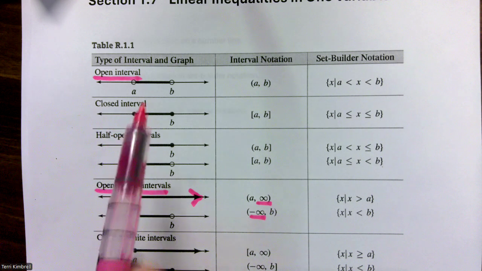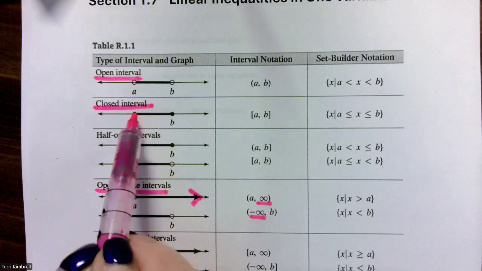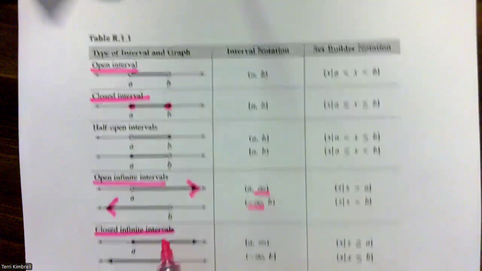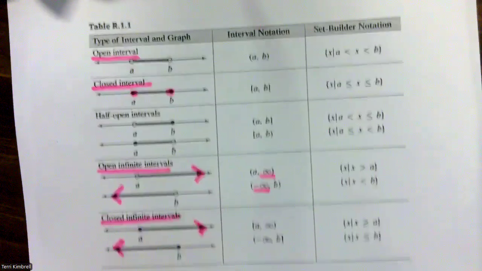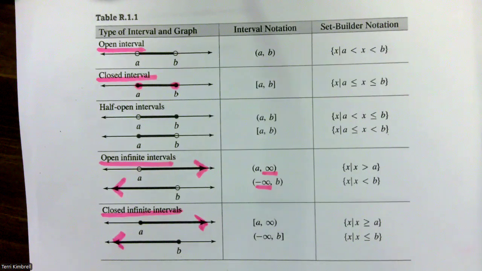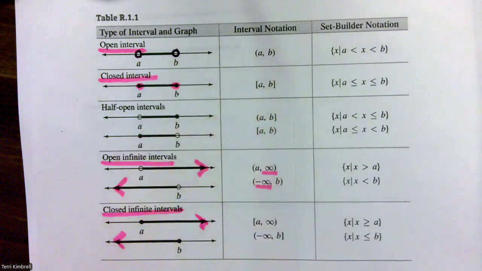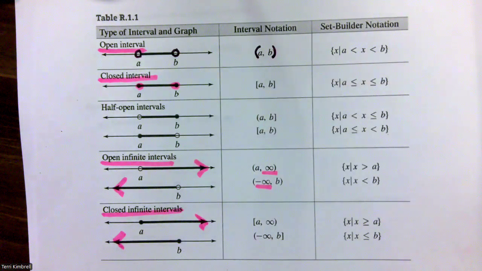So it's closed if both of the circles are closed, but it is a closed infinite if it is continuing in a direction to infinity or negative infinity. So notice that it's just considered closed or open if it is a segment. An open interval means that the circles are open. That signifies that you're going to have parentheses.